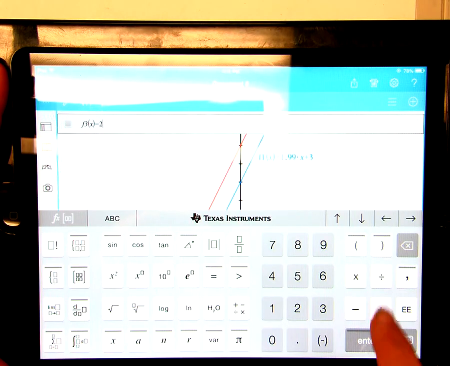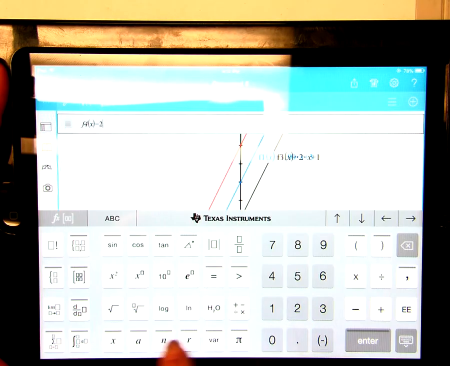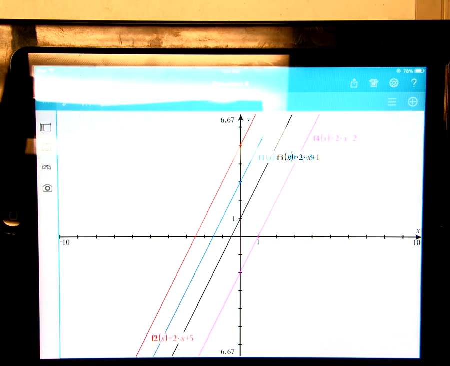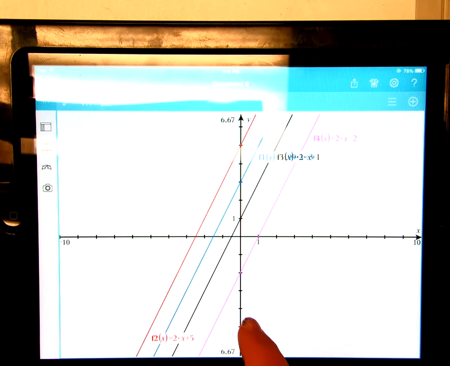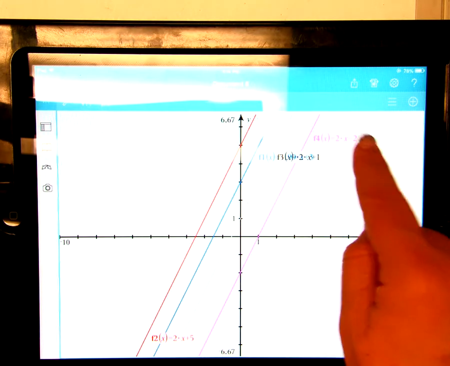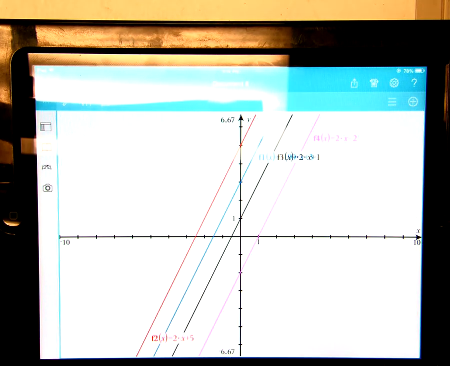If I say 2x plus 1, or if I say 2x minus 2, what's changing this time? Hopefully you can see what's changing is where it crosses the y-axis. And whatever I said, like minus 2, you can see that that's where the minus 2 is.